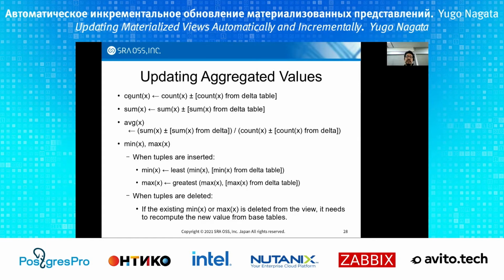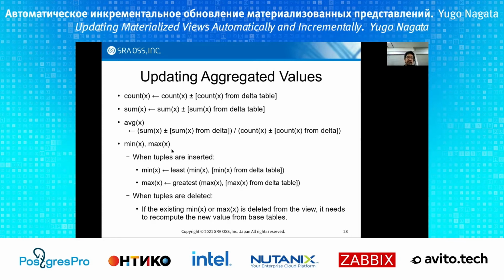For count or sum aggregate, we can easily calculate the new value by applying the count or sum calculated from the delta table. To get the average value, we need a new sum value and a new count value. So these two aggregate values are stored in the materialized view as hidden columns.